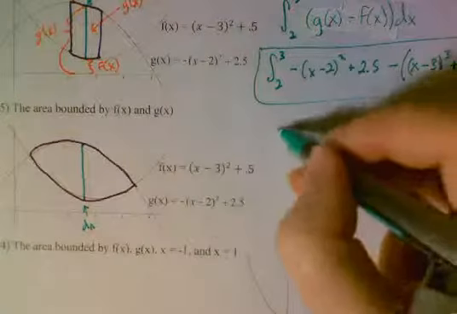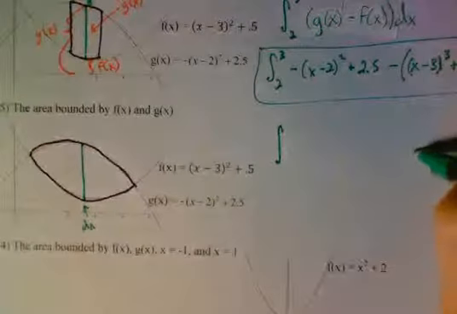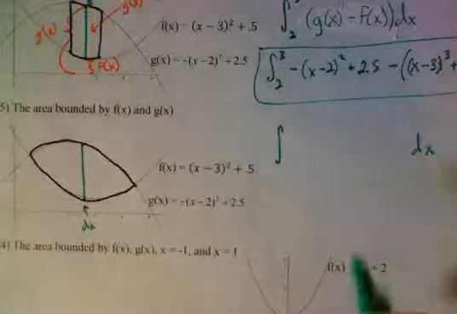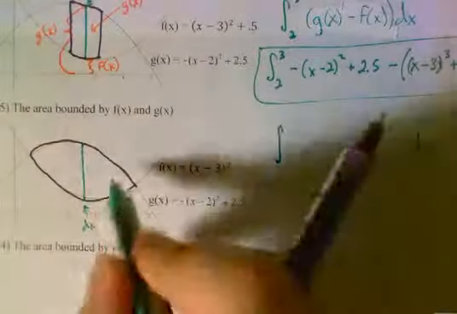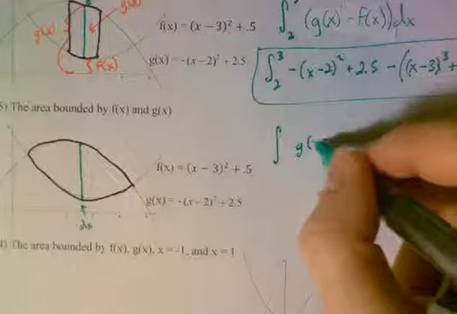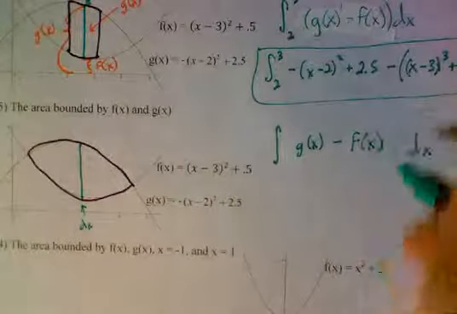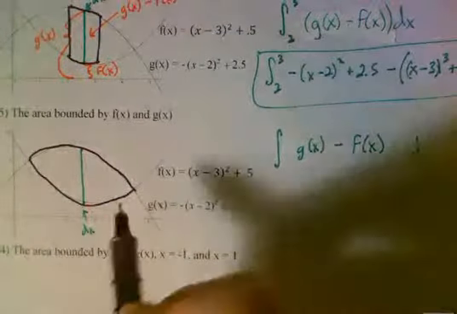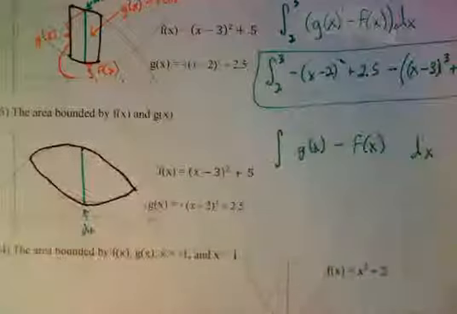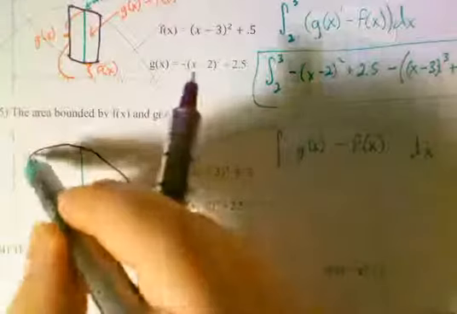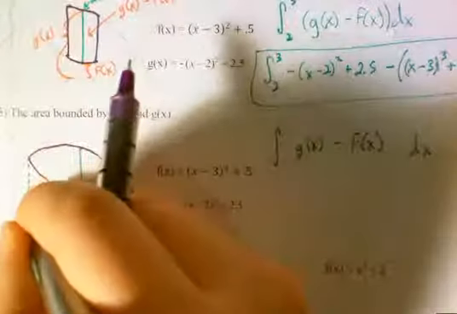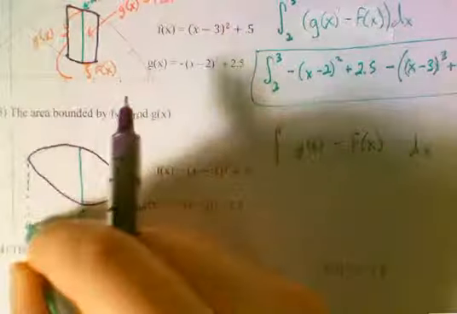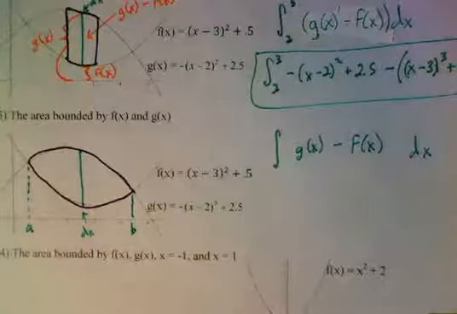So we're still going to have our integral in terms of dx. And we've still got our top function, which is g of x, and then subtract our bottom function, which is f of x. But we don't know where our starting and our stopping rectangle would be, because clearly we'd start over here. And since we don't know what it is, let's just call that a. And we'd stop over here, so let's just call that b.